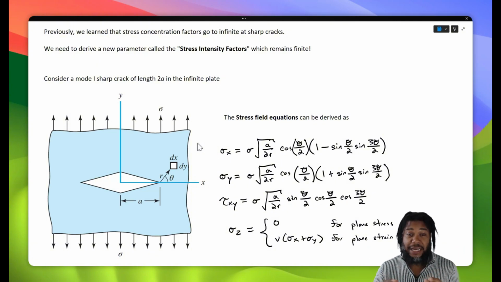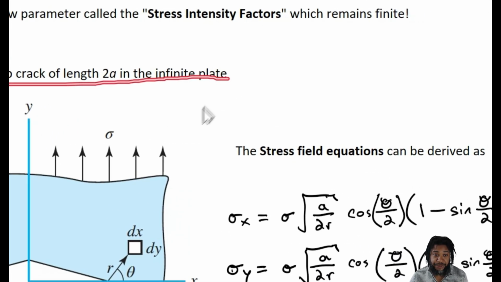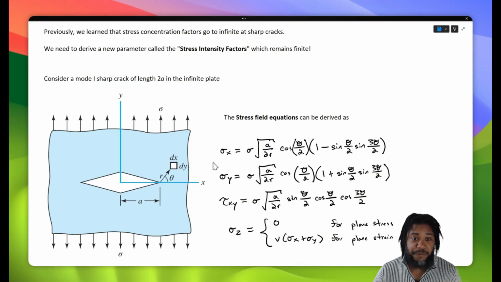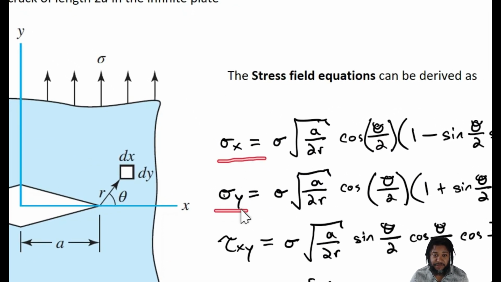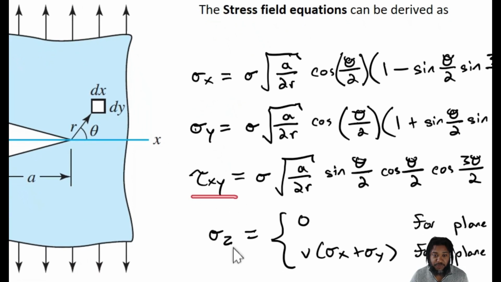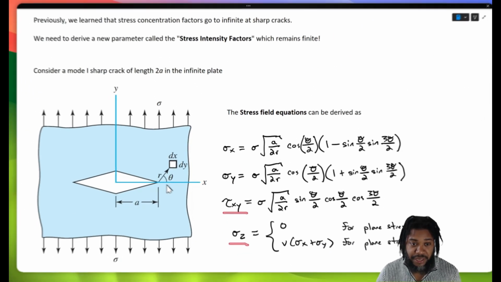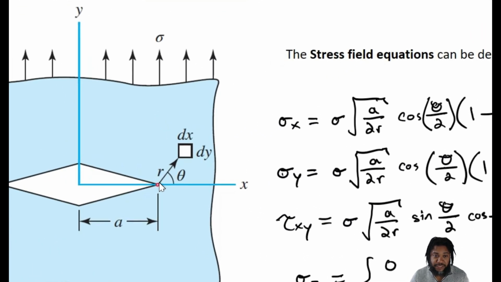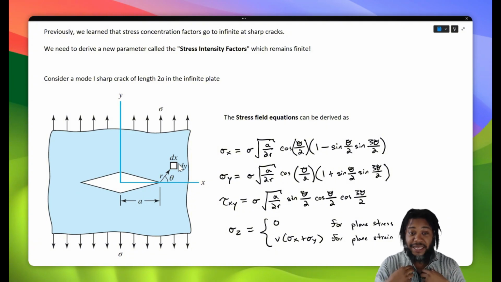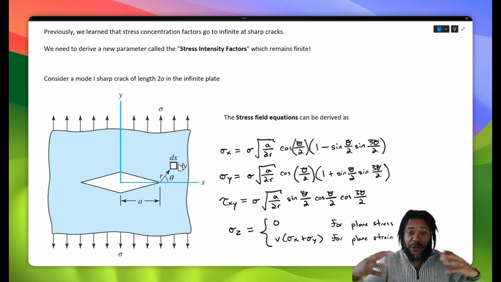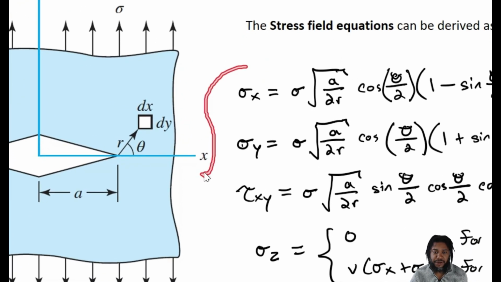If we derive the stress field equations for this specific geometry, we can find the state of stress, sigma x, sigma y, tau xy, and sigma z, as a function of the distance from the crack tip, r, at an angle of theta. So we can literally calculate the state of stress anywhere near the crack or very remotely far away, and these stress field equations are how we do it.